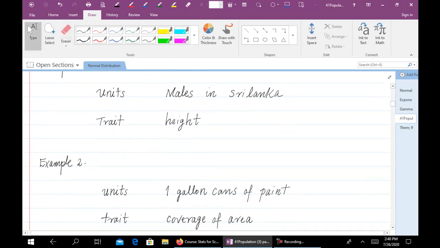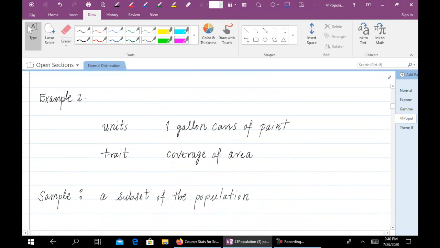So here is another example. In this example, the group of units would be 1 gallon cans of paint. So imagine that a manufacturer is producing these 1 gallon cans of paint, and the trait that we want to investigate, let's say, is the coverage of area.